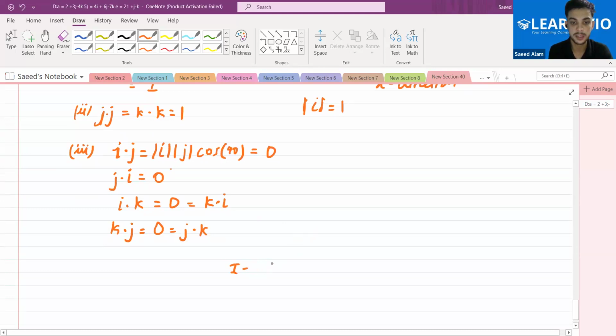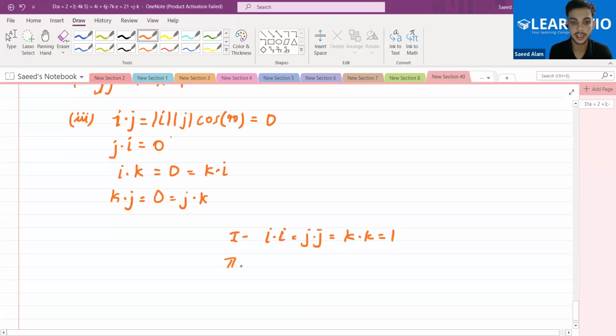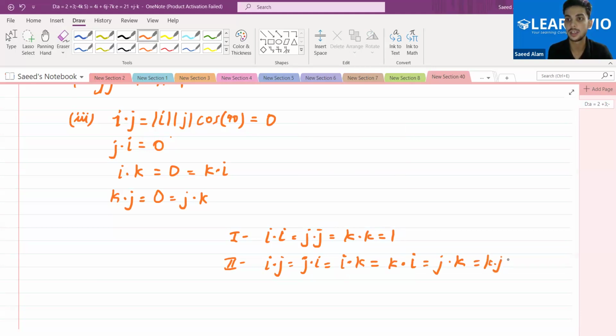The first: I dot I is the same as J dot J is the same as K dot K, that is equal to 1. The second: I dot J is the same as J dot I, the same as I dot K, the same as K dot I, the same as J dot K, the same as K dot J. All will be equal to 0 only.